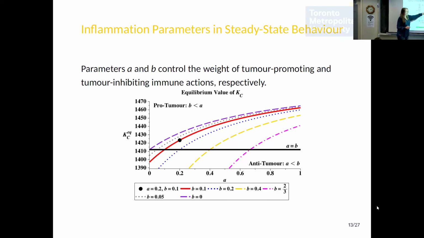This line is where A is equal to B, so the weight would be the same in the actions. And if we're working in a pro-inflammatory, pro-tumor environment, we're generally up here. The effect on the maximum size of the tumor is that a stronger weight of the inflammatory actions results in a larger grown tumor.